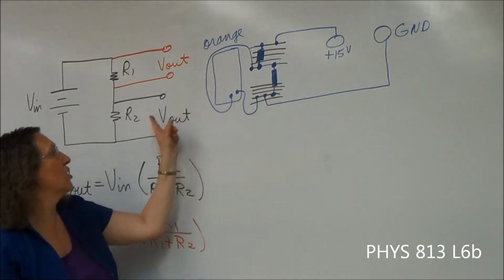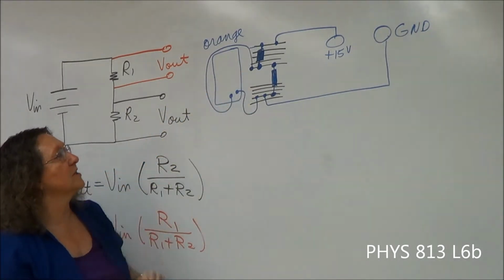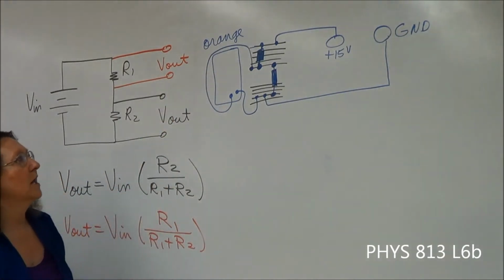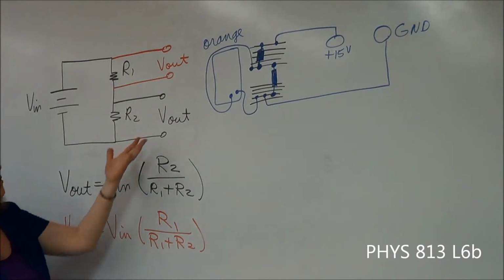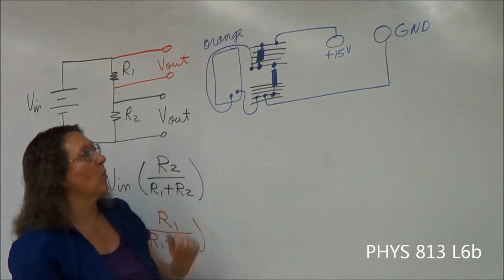So if you call this R2, this would be V out across R2. And I would recommend using the orange meter. I think it's going to work best if you use the orange meter to measure voltages. If you wanted a different voltage, you could also measure the voltage across R1.